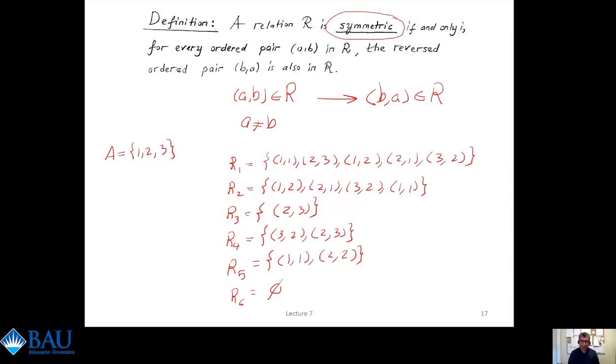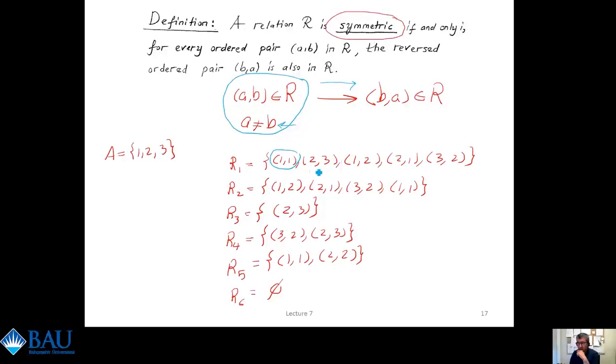Empty set, the last one is the empty set. Okay, let us check. Which one is symmetric? Let's start from the first one. Pay attention, the condition says to first pick one, then check its opposite. Don't check 1, 1 because we need to see the opposite, and they are different numbers.